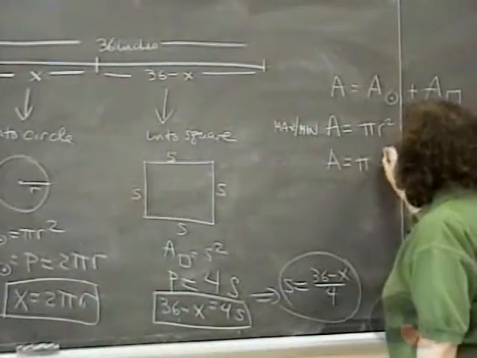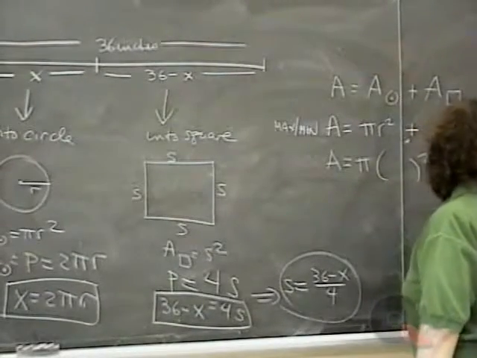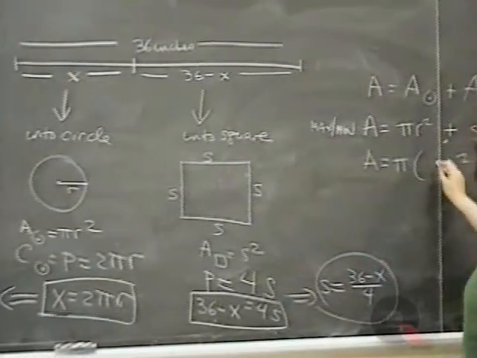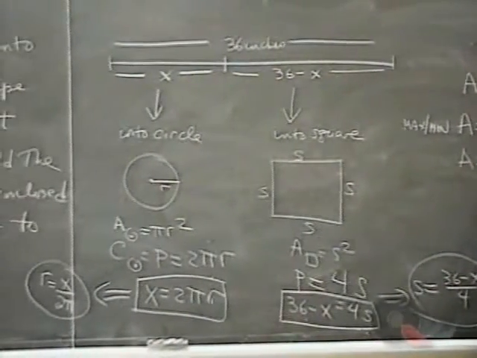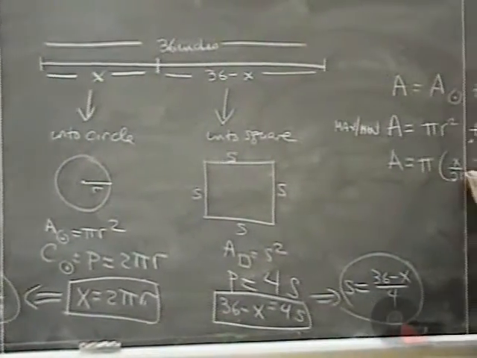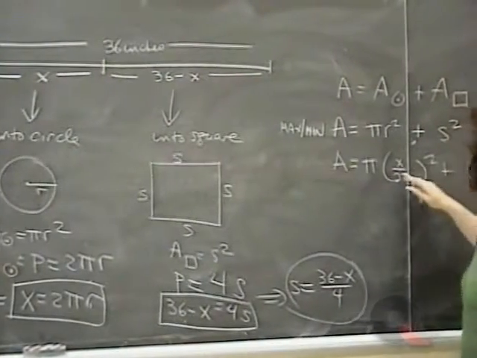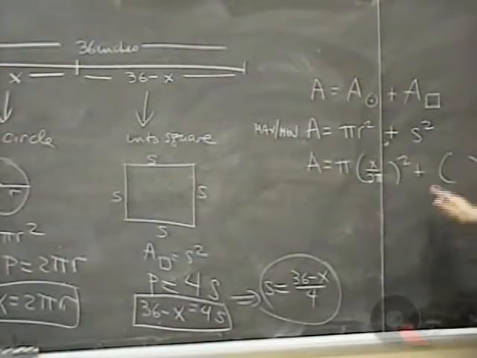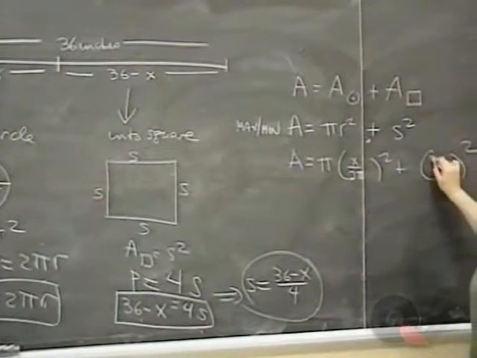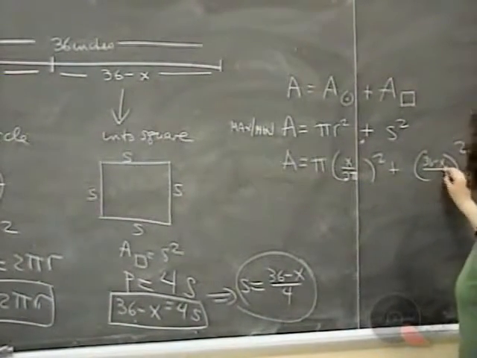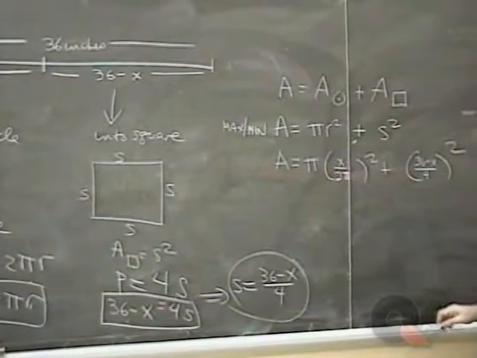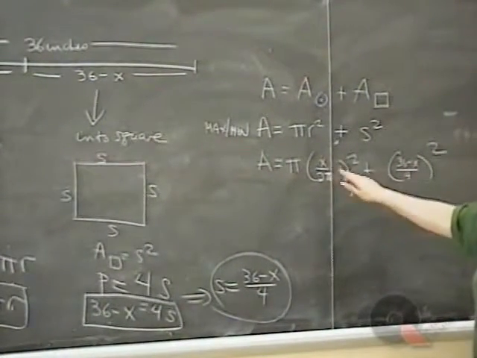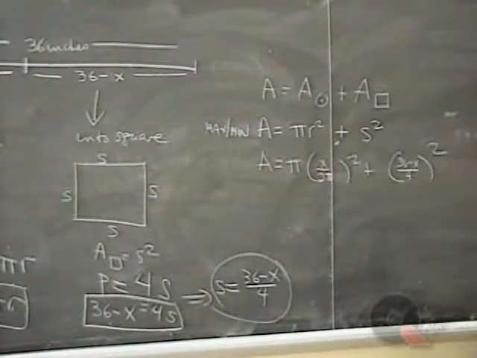A is pi r squared plus s squared, but r, as we said, is x over 2 pi. So pi times (x over 2 pi) squared, and s is (36 minus x) over 4. Pi r squared plus s squared, replacing the values that we found for r and for s.